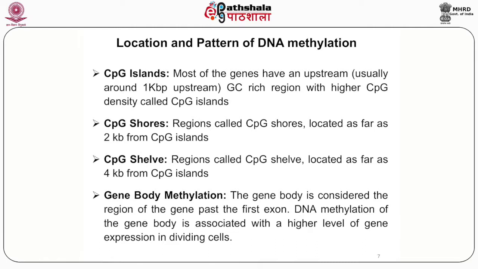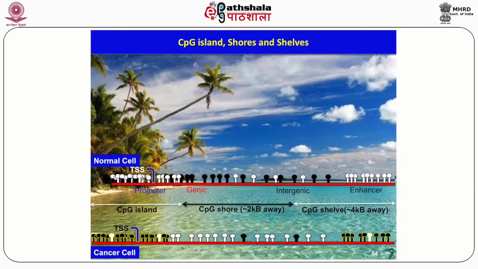The gene body is considered the region of the gene past the first exon. DNA methylation of the gene body is associated with a higher level of gene expression in dividing cells. This figure shows the location and pattern of CpG sites in a representative gene in normal and cancer cells.